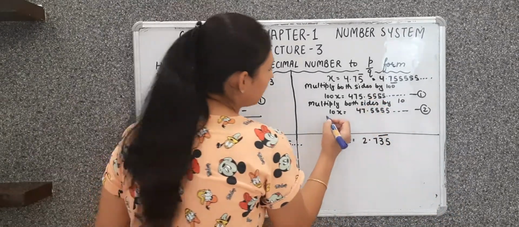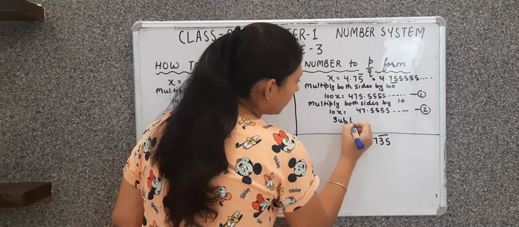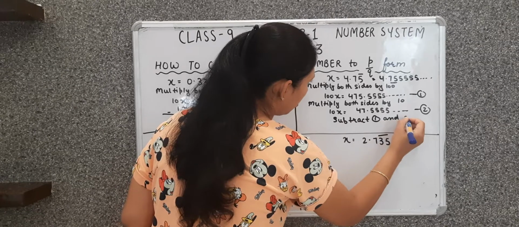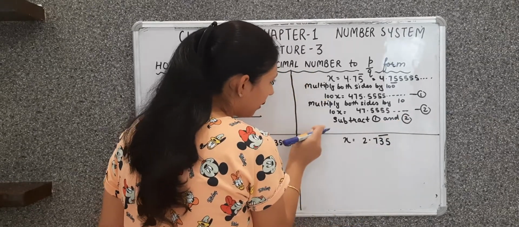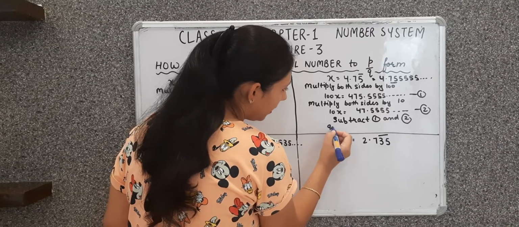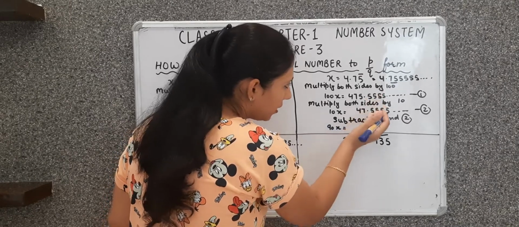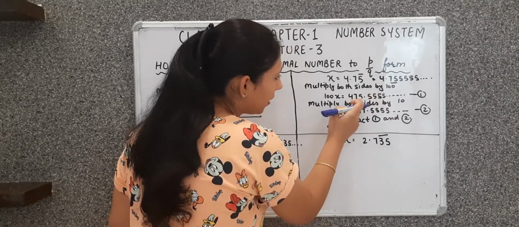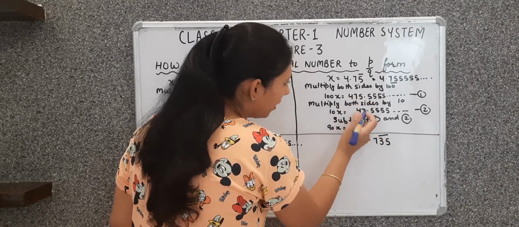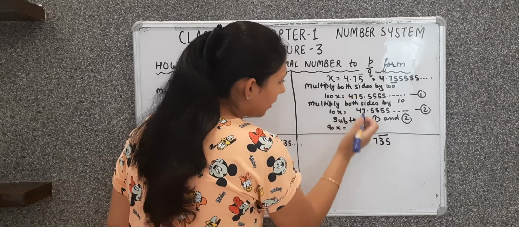So subtract 1 and 2. When you subtract this, here it will be 100 minus 10. This will be 90x, which will be equal to, see, after decimal part it's gone, and now here 15 minus 7 it's 8, 6 minus 4 it's 2, and here this 4.